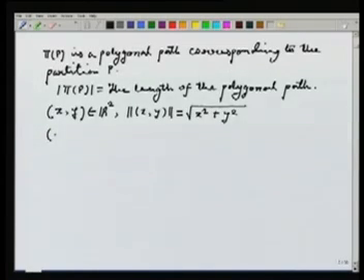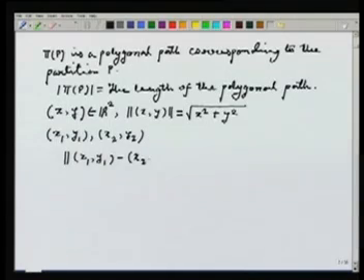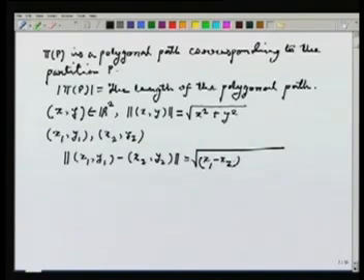So given 2 points, let us say (x1, y1) and (x2, y2), when I talk about the distance between these 2 points, that is given by the norm of (x1, y1) minus (x2, y2), which we again know from coordinate geometry is given by the square root of (x1 minus x2) squared plus (y1 minus y2) squared.